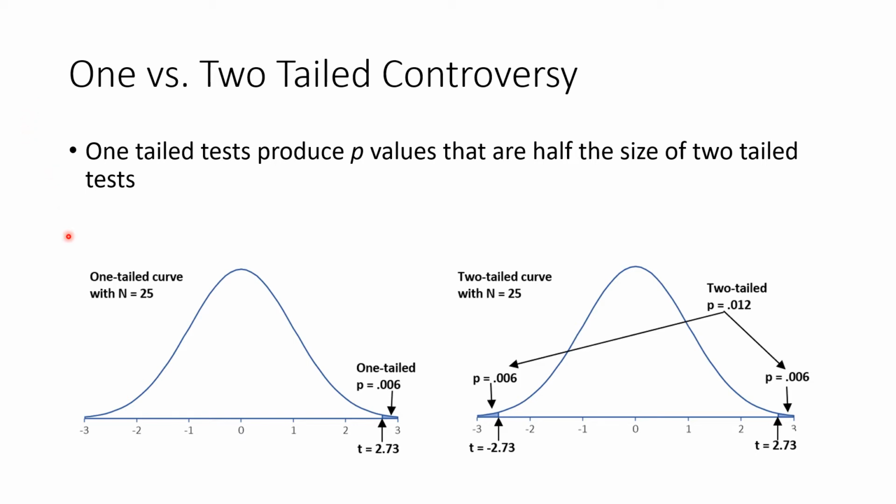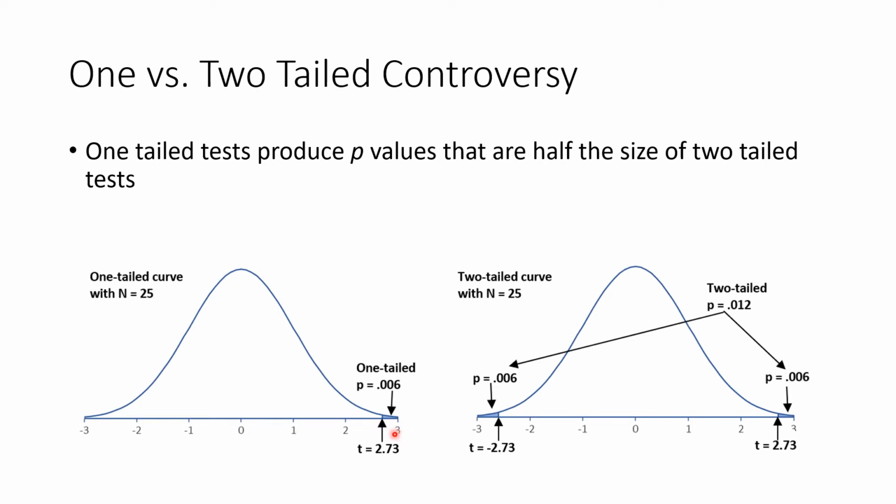Let's say that we computed a t-value and it was 2.73. The one-tailed p-value is going to tell you the probability of getting a 2.73 t or something larger than that. And that is 0.006. That means that's only going to happen less than 1% of the time if the null is true.